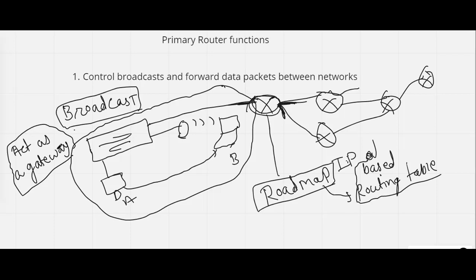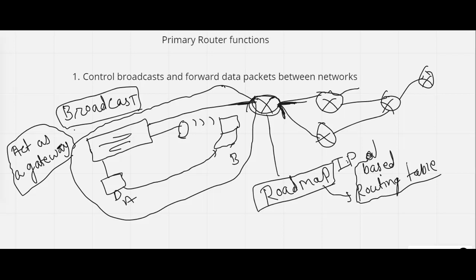Network types means that one network could be a data network, another network could be a voice network. So it converts that data network into a voice network. That is also the job of the router. It moves the data between network types. It also moves data between the networks.